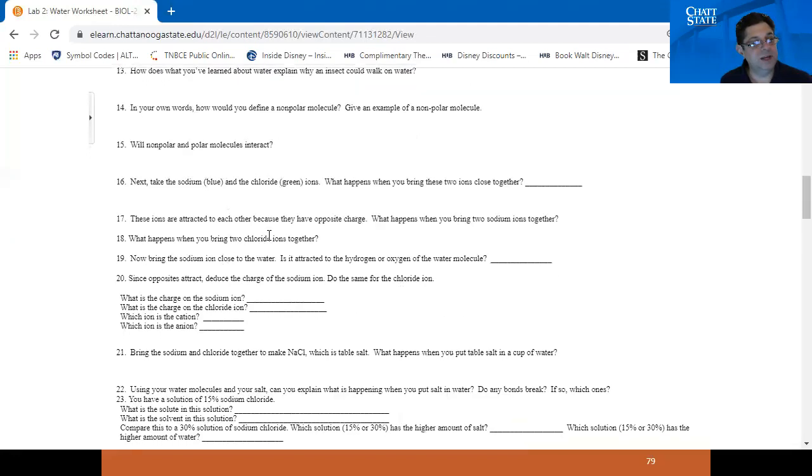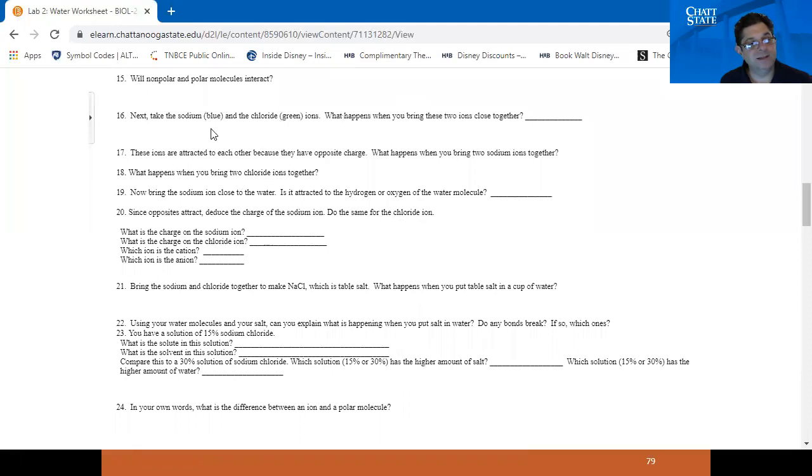Okay, so let's play with our sodium and chloride ions. Now in lab, again, we had these little magnets, these little atoms that are green and blue. I don't know if they're going to ask you the colors, to be honest, but just know that sodium is always positive, the cation.